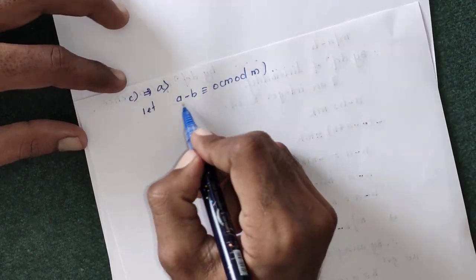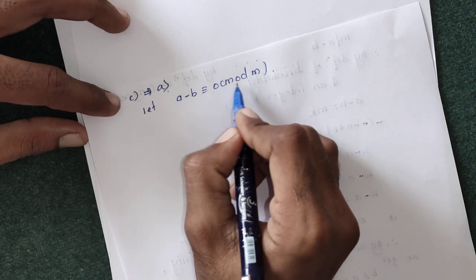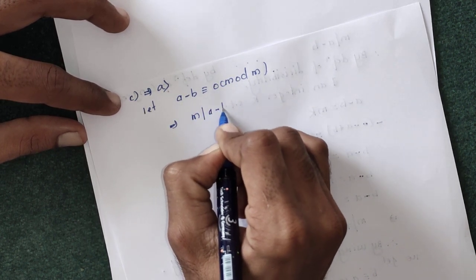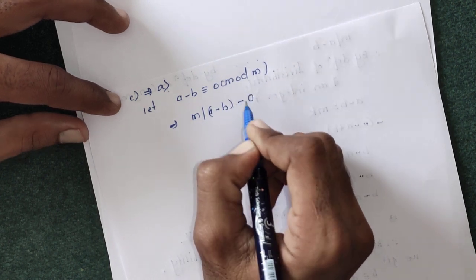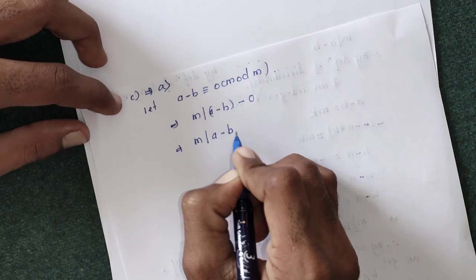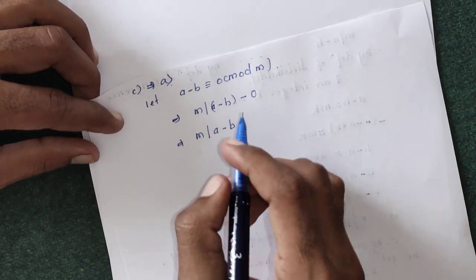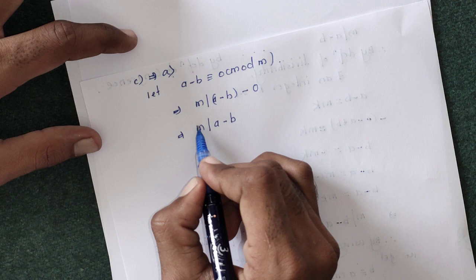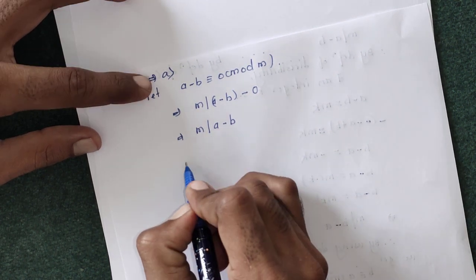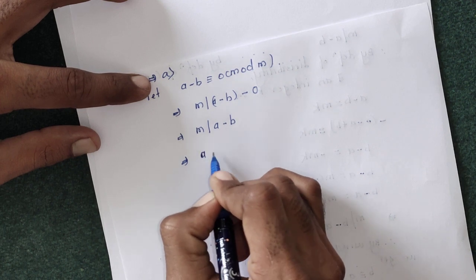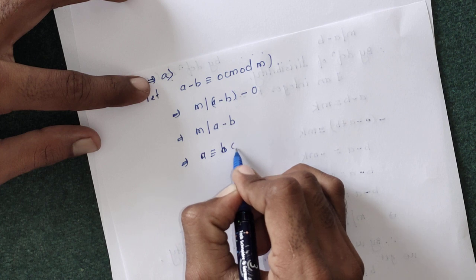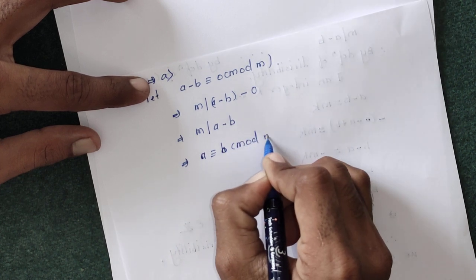Now, to prove that a is congruent to b mod m, using the definition of congruence we get m divides a minus b minus 0, or we can write it as m divides a minus b. So m divides a minus b gives us directly a is congruent to b modulo m.